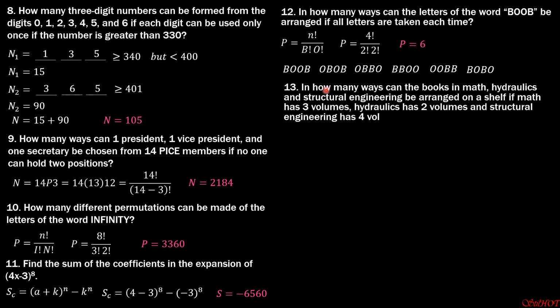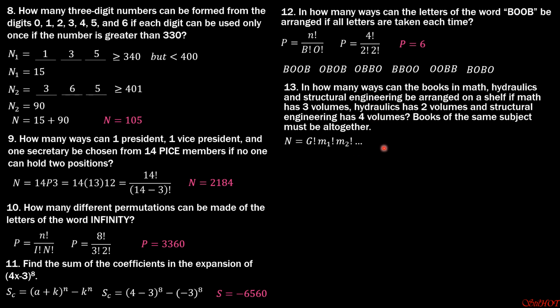So this is again an application of permutations by groups. You don't need actually to memorize that. There are 3 groups in a row, so we can arrange them in 3 factorial ways. But each volume of each group can be arranged also in the number of books factorial.